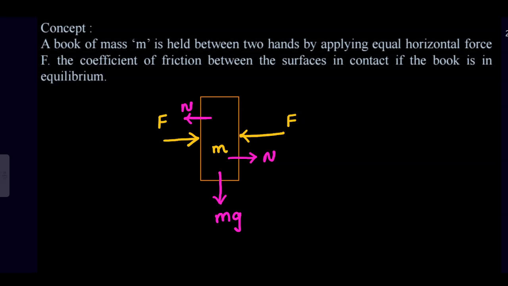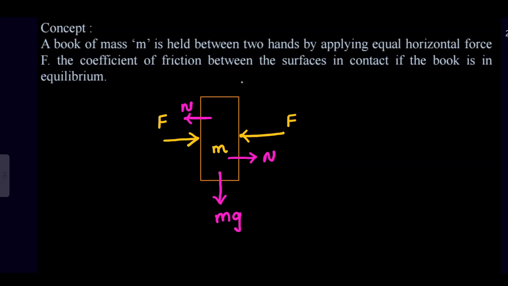Right. Next, tell me which direction the book tends to fall. Downward direction. So what is the direction of friction? Upward direction, because friction opposes the motion. Friction is always between two bodies in contact.